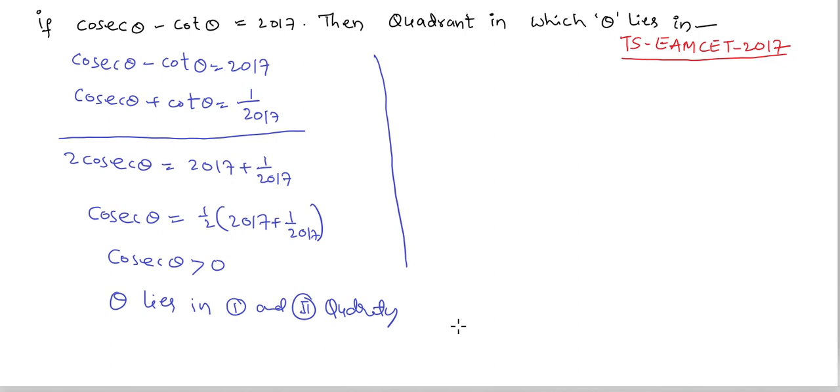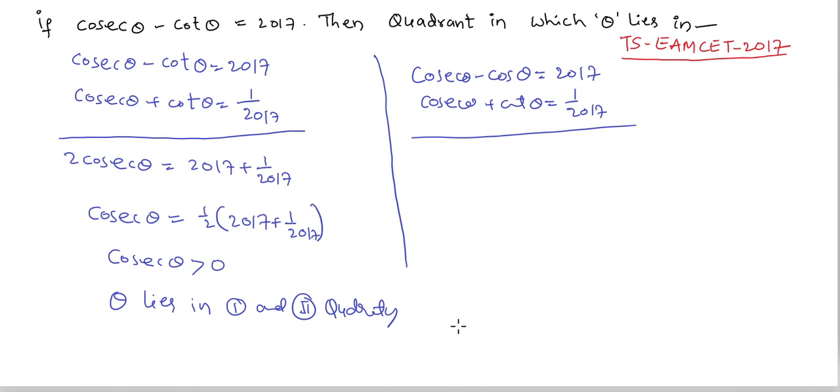And here it is given cosec theta minus cot theta is equal to 2017, and cosec theta plus cot theta is equal to 1 by 2017. So subtracting these two equations, 2 cot theta is equal to 1 by 2017 minus 2017.